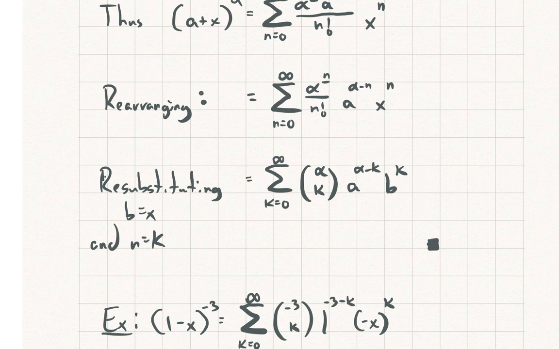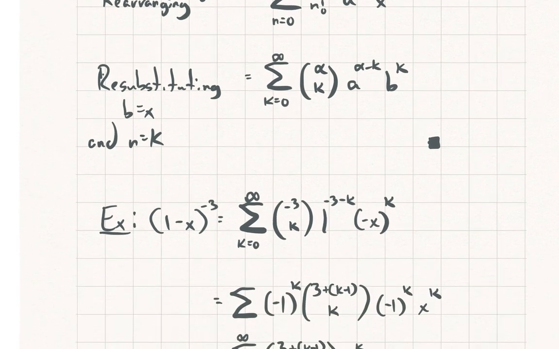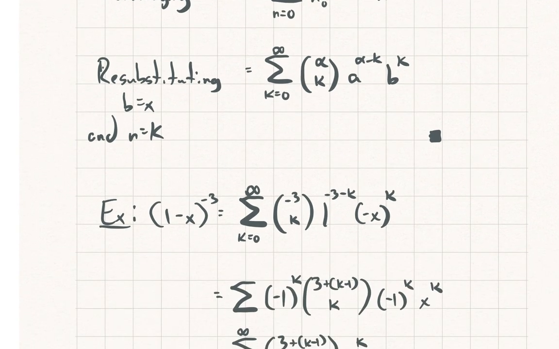So let's see a few examples here. So let's look at the expression 1 minus x to the minus third. And this looks like this generating function in some sense. So you can imagine something similar may pop up at some point in your combinatorial career.